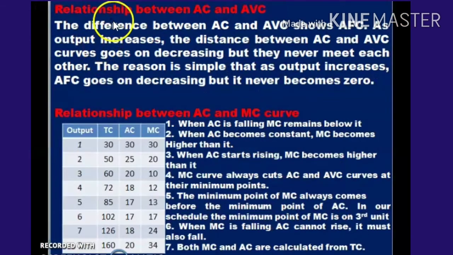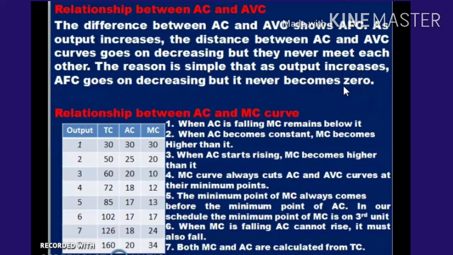Next relation is the relationship between AC and AVC. The difference between AC and AVC shows AFC. As output increases, the distance between AC and AVC curves goes on decreasing, but they never meet each other. The reason is simple: as output increases, AFC goes on decreasing, but it never becomes zero.